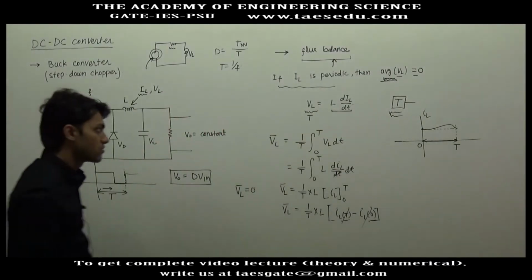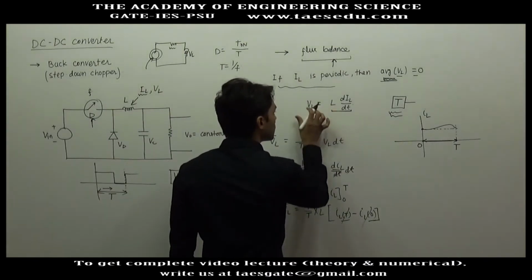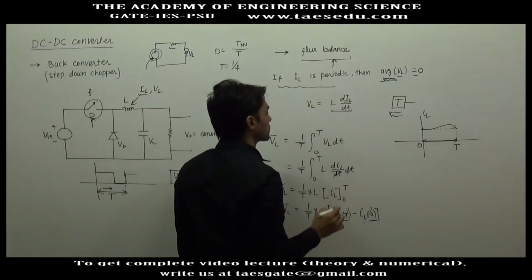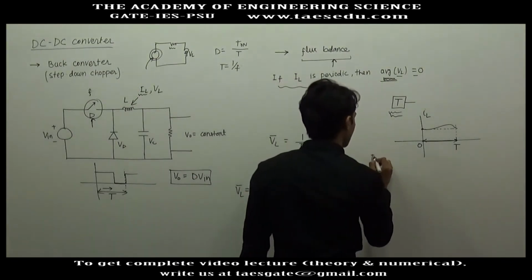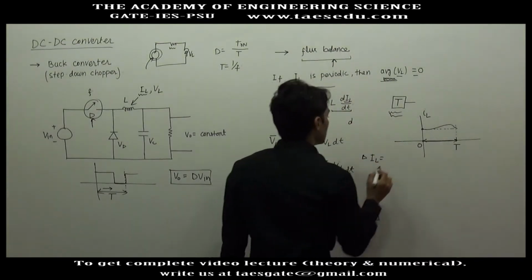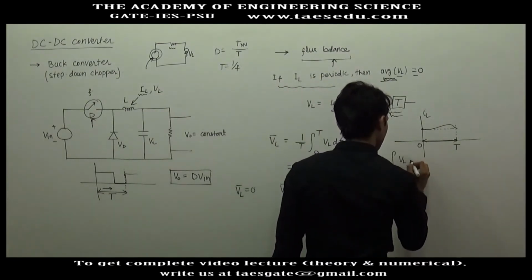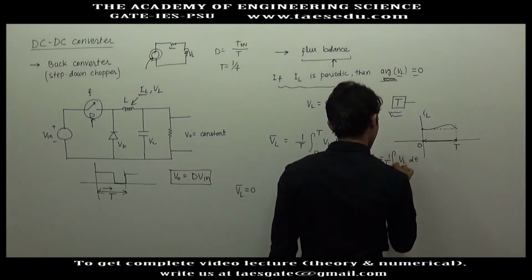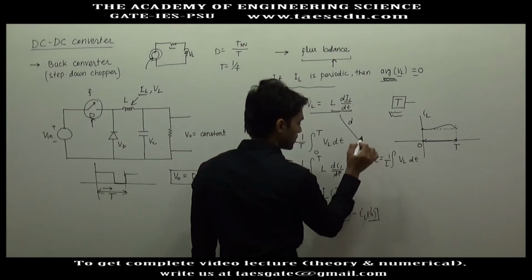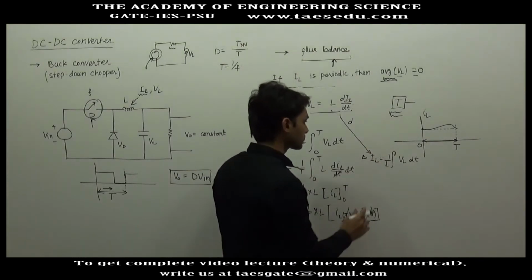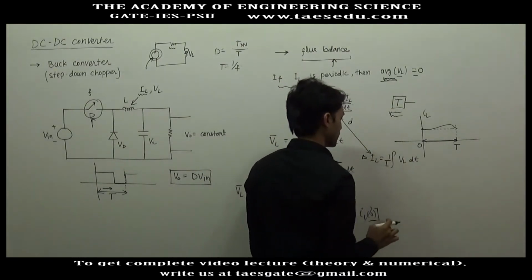You can also observe it this way. Since inductor current is periodic, the change in inductor current will be the integration of VL dt times 1 upon L. From this expression you can write the change in inductor current is 1 upon L integral of VL dt.